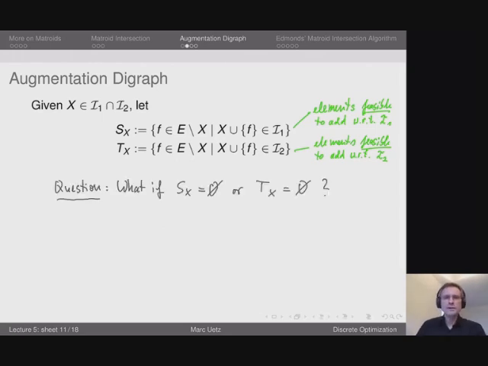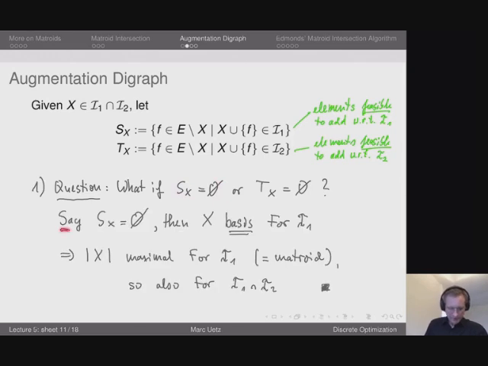Now, first of all, one question: what if one of these sets is actually empty? If Sx or Tx is empty, that means that we have an inclusion-wise maximal set with respect to one of the 2 matroids. Let's assume matroid number 1. If Sx is empty, then we have an inclusion-wise maximal set, so no element can be added anymore to the set X that we currently have.